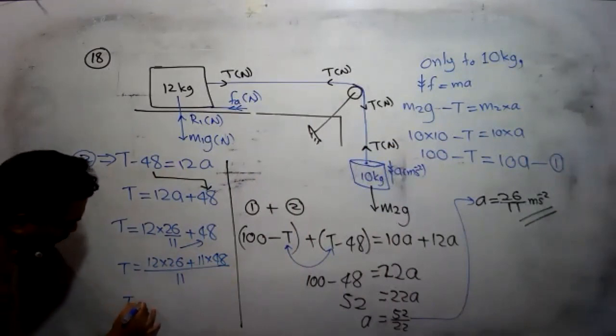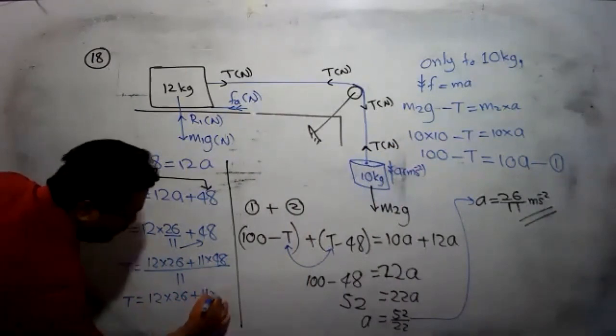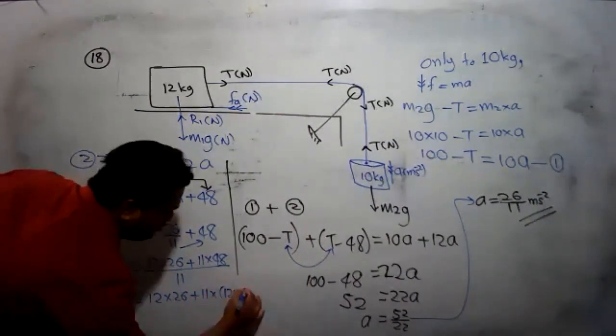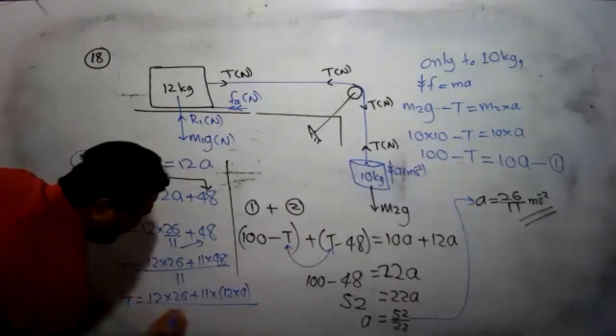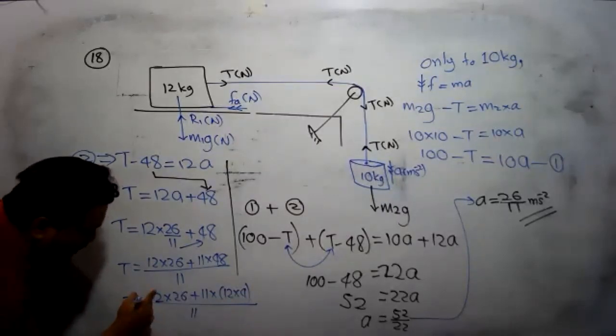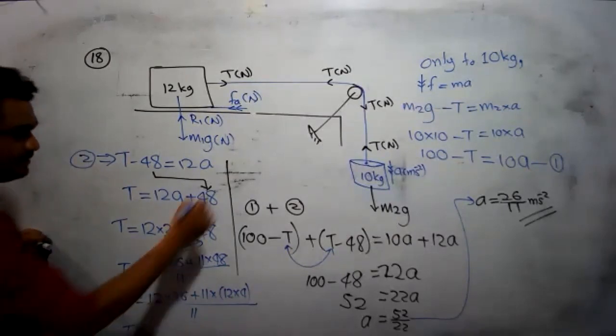The easiest method for this: 12 into 26 plus 11 into 48 can be written with 48 as 12 times 4. Am I right here? 12 times 4 is 48. Please check. Now you should understand that this 12 and 12 is common, so 12 can be taken out of a bracket.